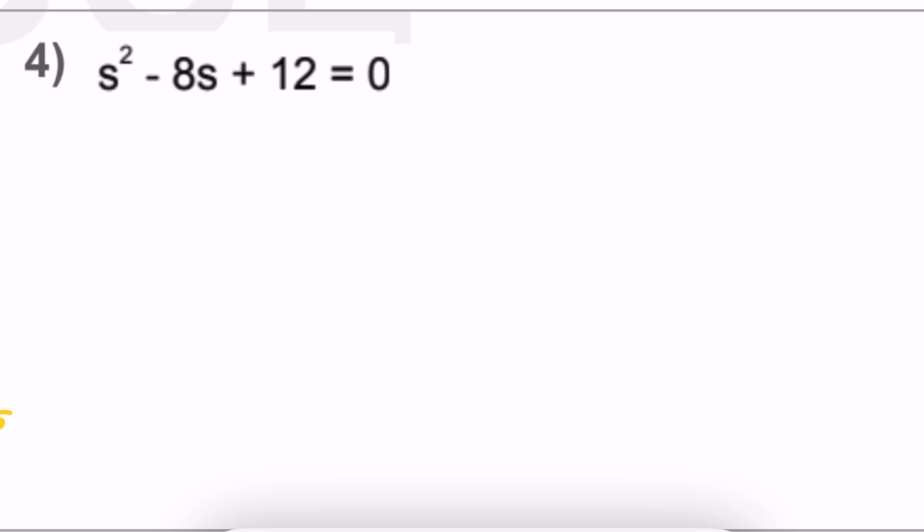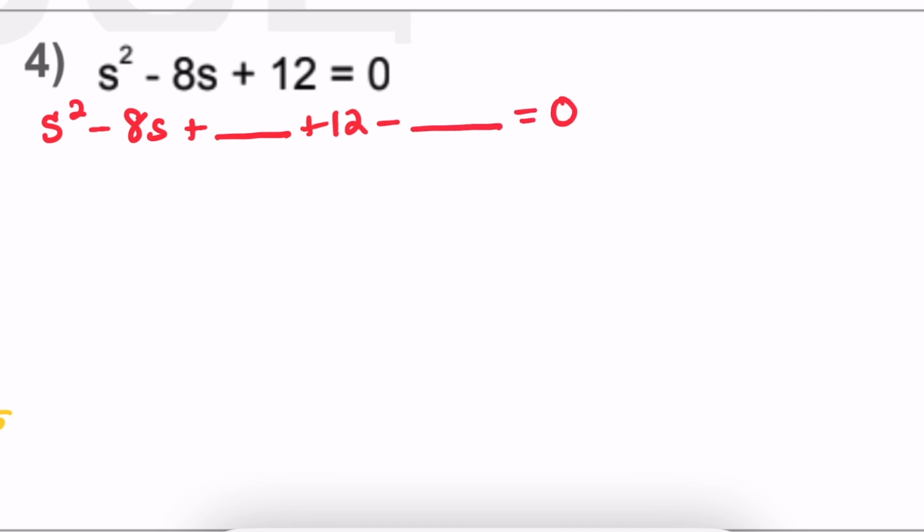For question 4, s squared minus 8s plus 12 is equal to 0. Again, go with your setup. Plus c, plus 12 minus c equals 0. So we have c is equal to 8 over 2 squared, which is 4 squared, which is 16.